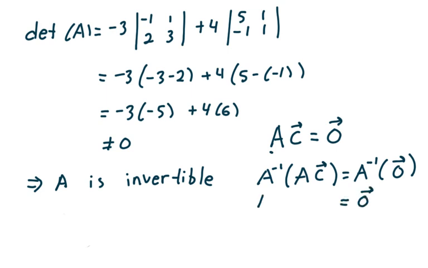And then I'm going to shift parentheses and say A inverse times A times C. But A inverse times A is the identity matrix. So I have the identity matrix times C is equal to the 0 vector. But what that says is that C is the 0 vector.